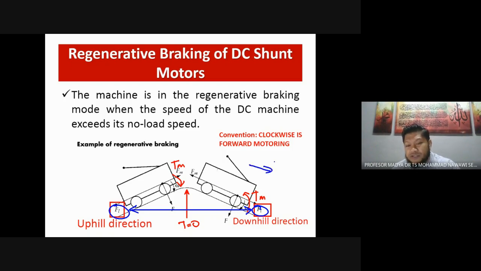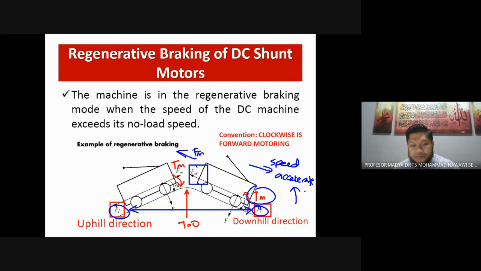You will accelerate to a very high speed. So you have to apply the torque here to oppose the movement of the motor. Therefore, you have a negative torque, called regenerative braking. In that case, your force now has to go uphill.